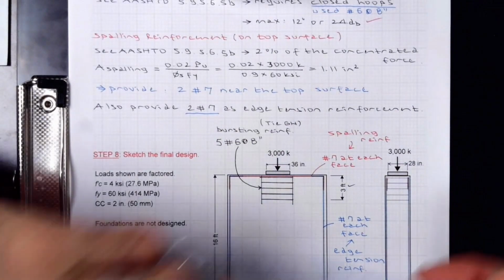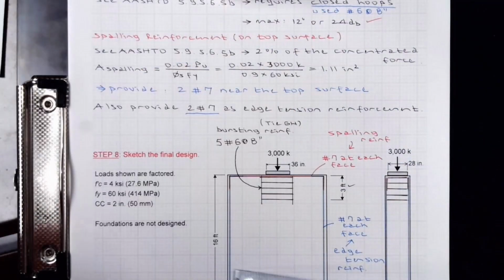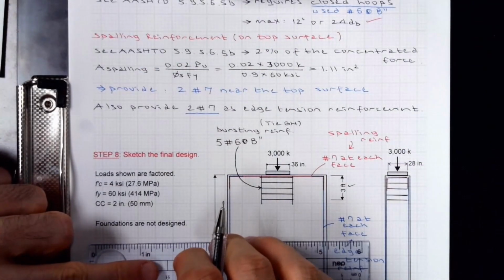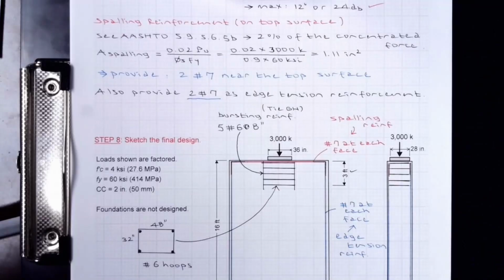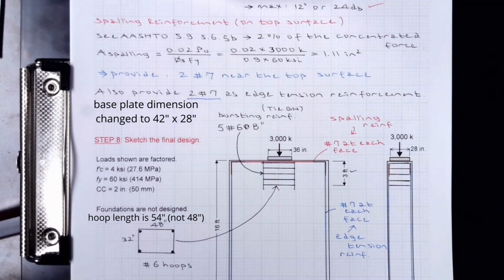So the same reinforcement really shows up. What this is, let's sketch it here. Number 6 hooks.